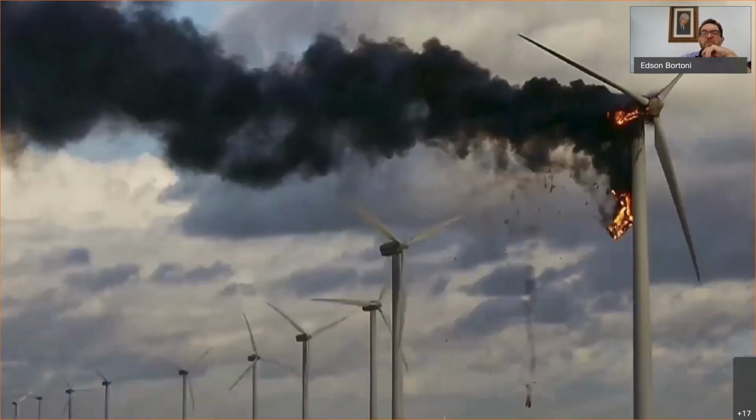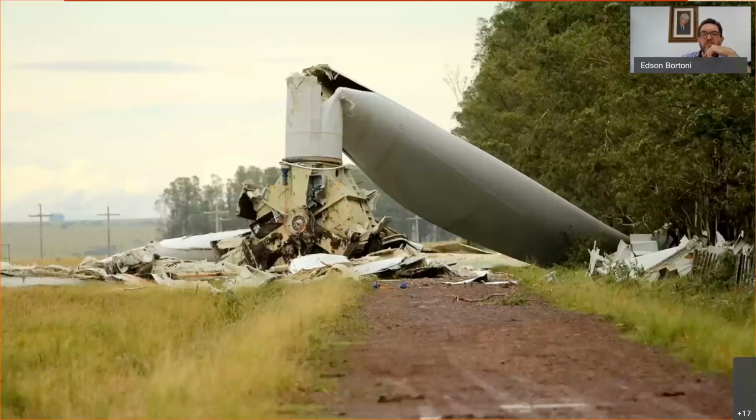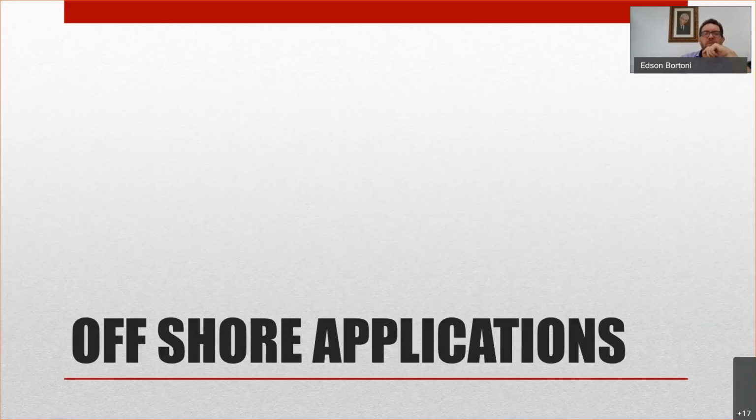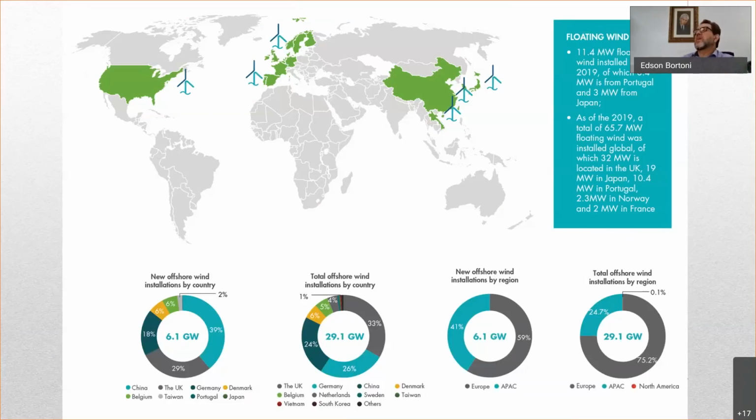Well, always something can go bad. You have some hazards, and you can try to avoid those hazards by monitoring. Monitoring of turbines is increasing. Now, offshore applications in the sea.